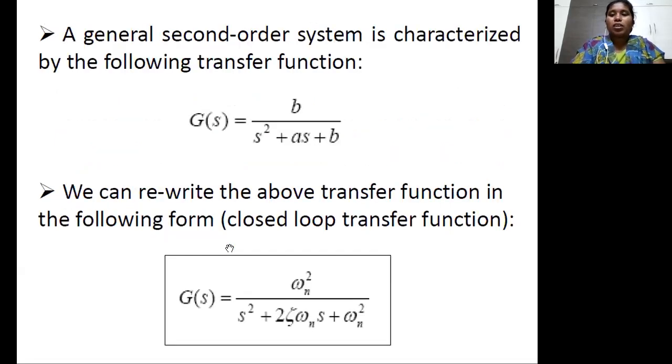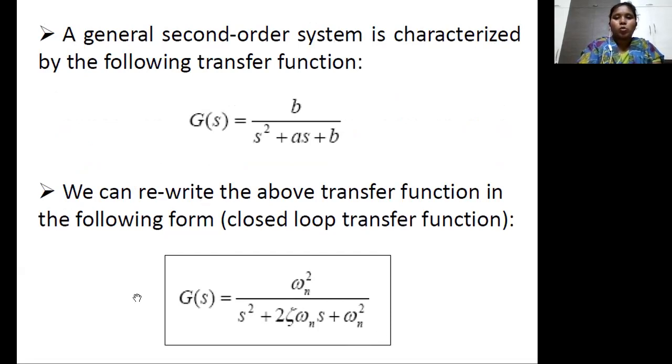Coming to the general form of a second order equation, we have to consider it like this. Here I am taking the gain G of s equal to b divided by s square plus as plus b, and we can also write the transfer function G of s equal to omega n square divided by s square plus 2 zeta omega n into s plus omega n square.